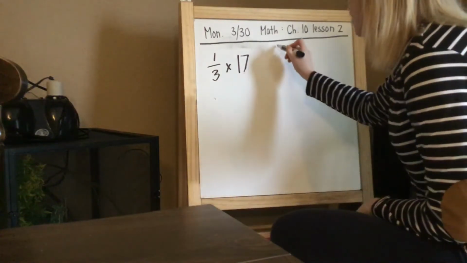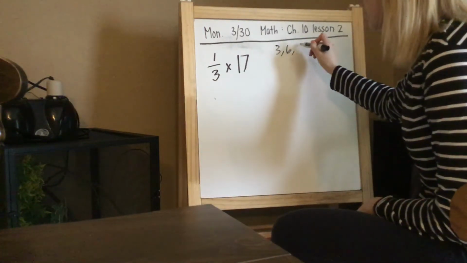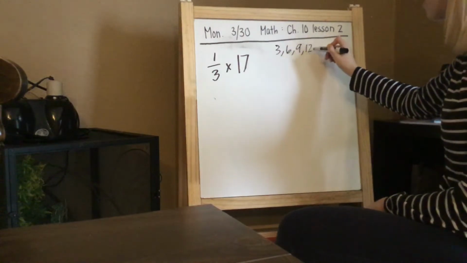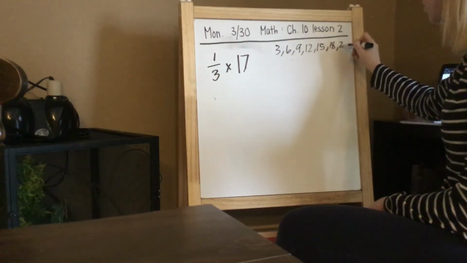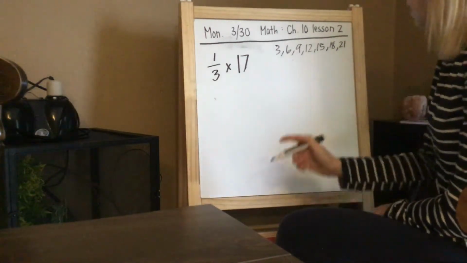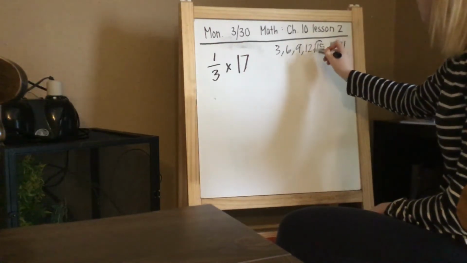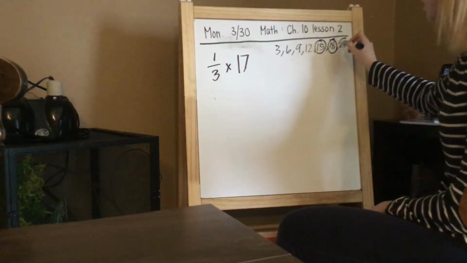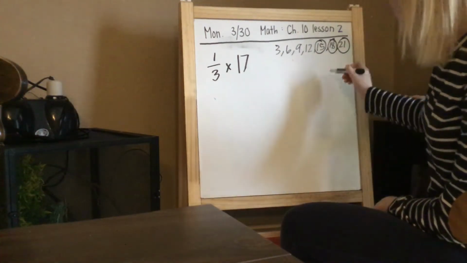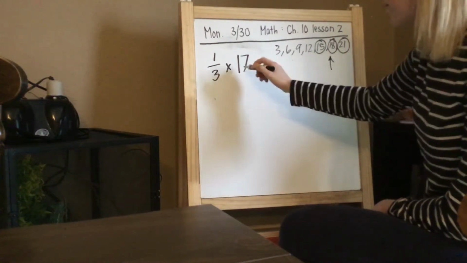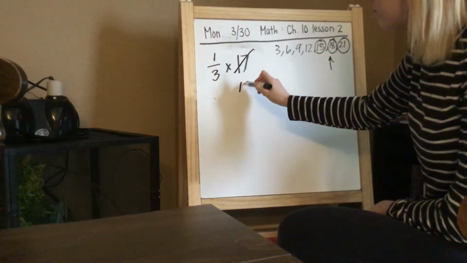If we're listing all of our multiples, we have 3, 6, 9, 12, 15, 18, 21, and we're looking at 15, 18, and 21. Those are the ones that are closest. But the one that's only one away is 18. So I'm actually going to change that to an 18.